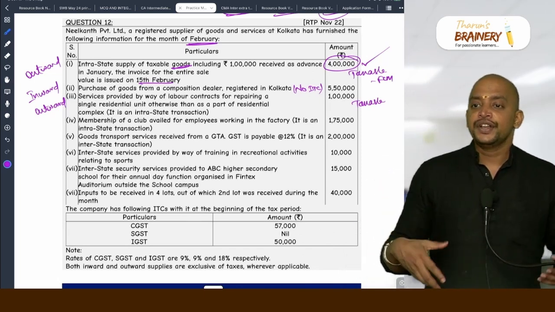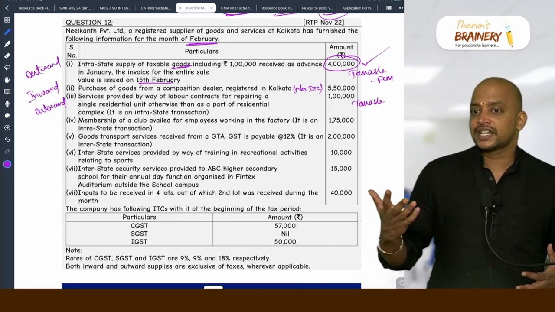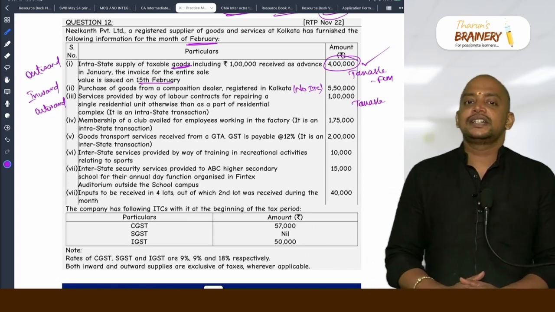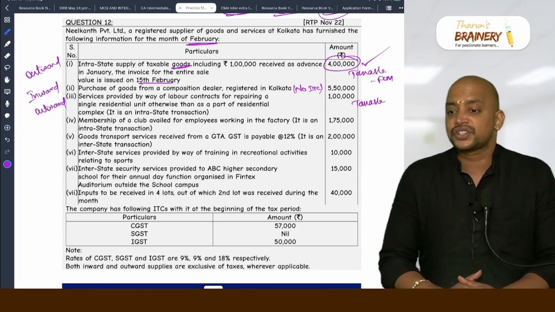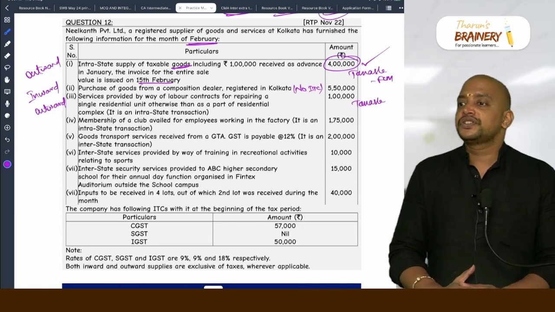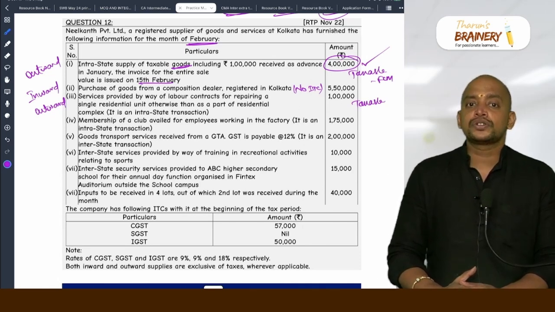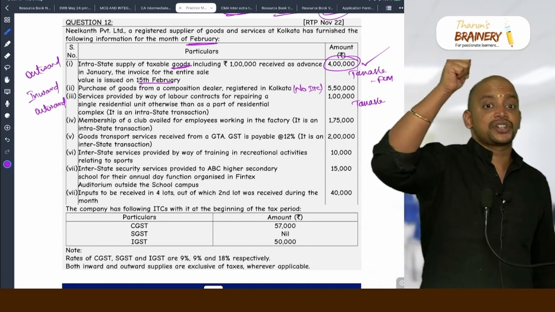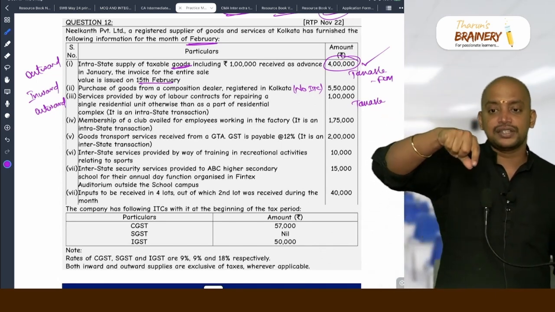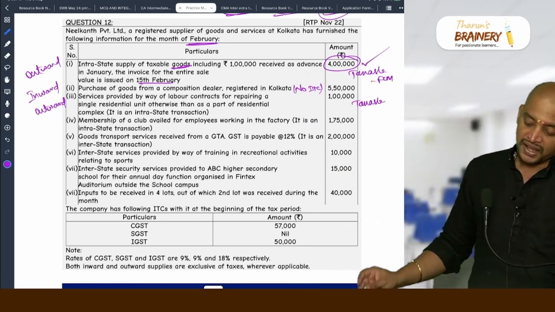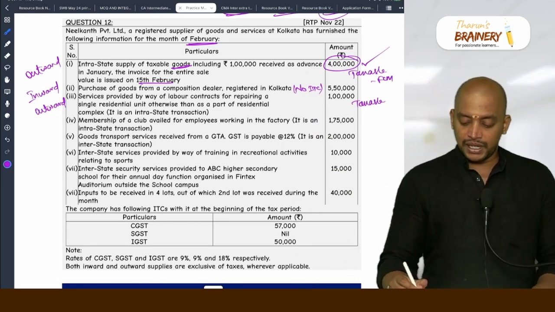Individual house, if we take a contract to construct, the consideration is exempted. In construction services I have given: consideration received for construction, pure labor service, by way of construction of an individual house. What is an individual house? A house occupied by a single family. The entire consideration is exempted. Only construction is exempted, but repairs is not exempted. If you want, you can check construction services exemption. First point, so taxable under FCM.